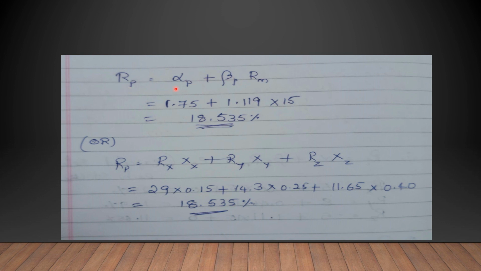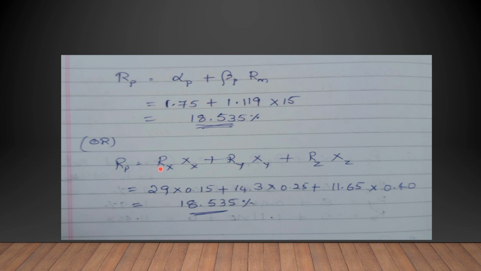So one way is to take this formula, or you can take it as you have done in the Markowitz model, that is Rx into Xx plus the summation of three stocks: Rx into the weight of the individual stock, plus the return on the second stock into the weight of the second stock, plus the return on the third stock into the weight of the third stock. You can do it either way.